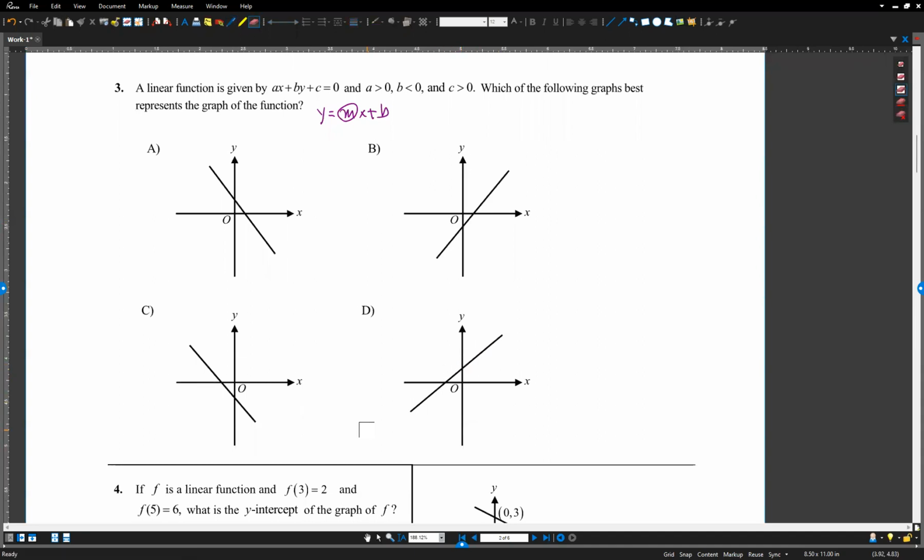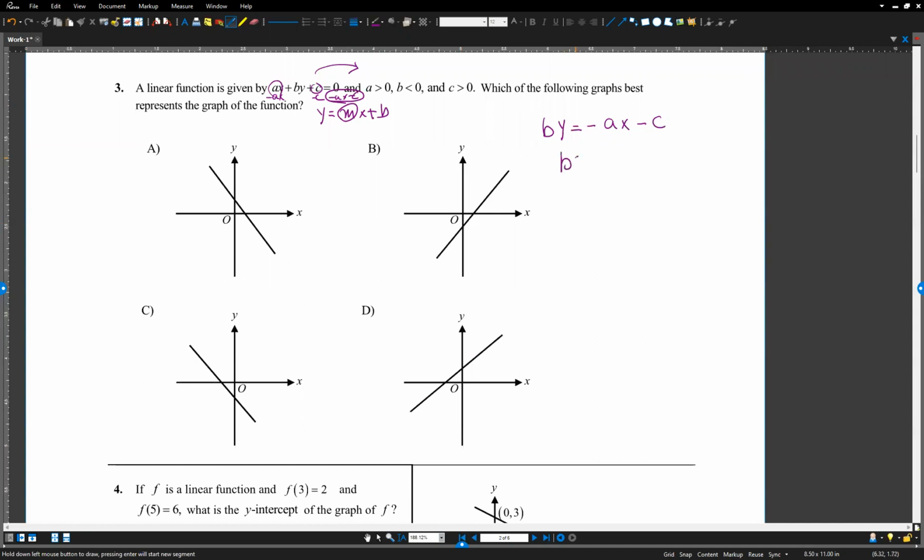That's the easiest way to find the graph. Now let's solve for y. by equals negative ax, move this to the right, negative ax minus c. When you move to the right, the sign will be opposite: negative ax, negative c.